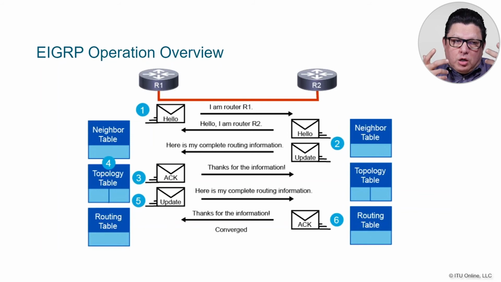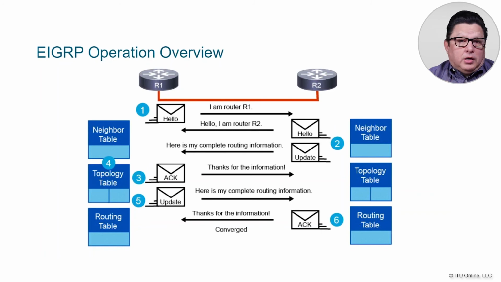So when all updates about all possible destinations, all networks, have been learned and are present in the topology table, the routing protocol then runs the algorithm, in this case DUAL. In the case of OSPF, it's Dijkstra.